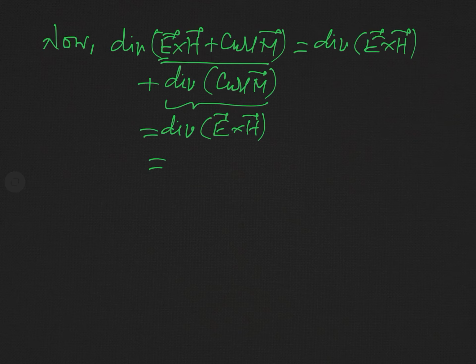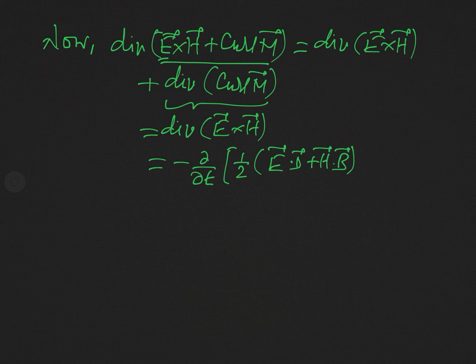And you can say that this is actually equal to minus del t of 1/2 E dot d plus H dot b, minus J dot E. So what you are seeing here?